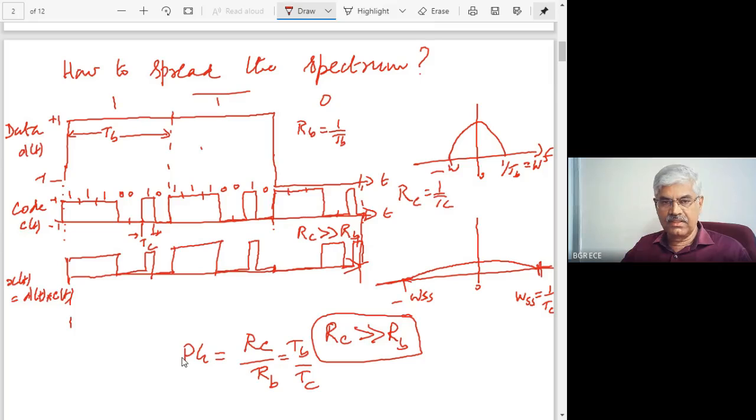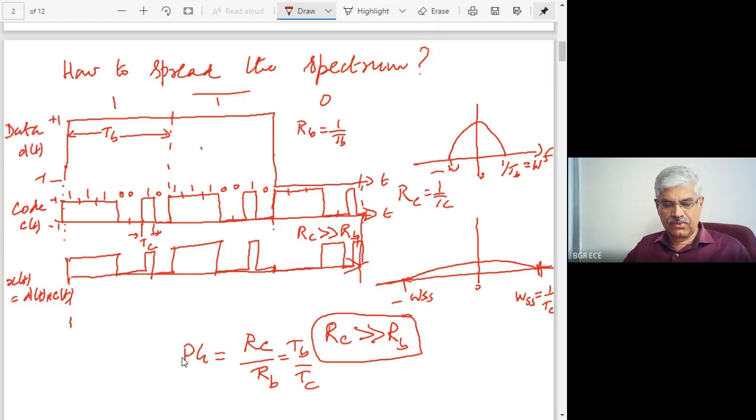We can always design a spread spectrum system by selecting a particular code in order to spread, and ensuring the required amount of spread by selecting the rate at which you will generate the code. This is called processing gain. The amount of spread that you will get is called processing gain because it provides some gain for you to mitigate the effect of jamming.